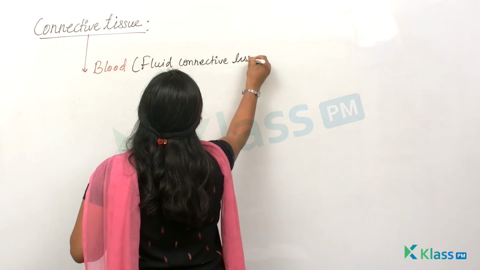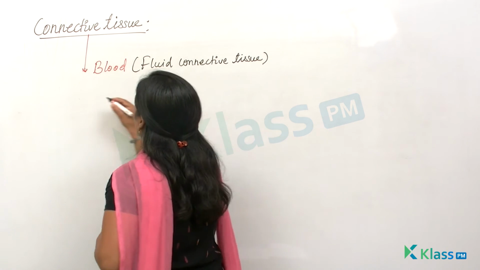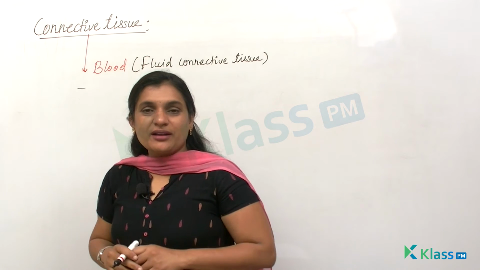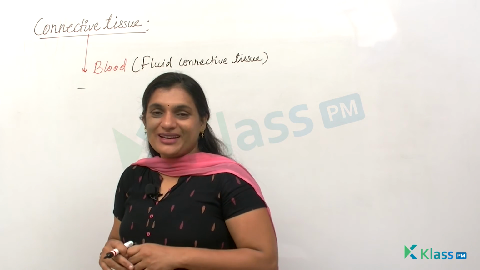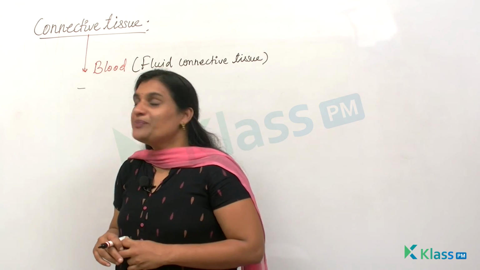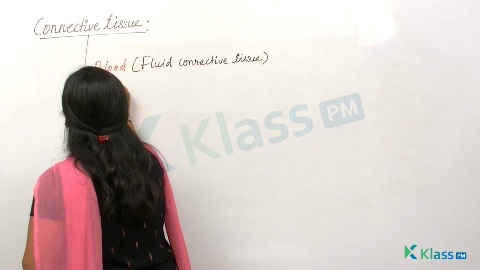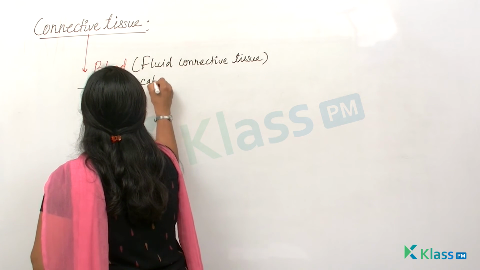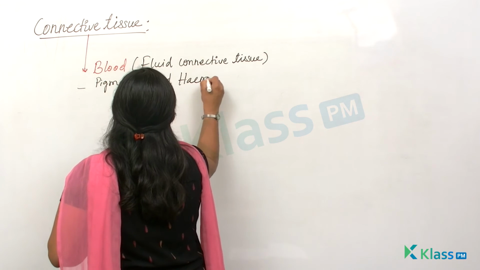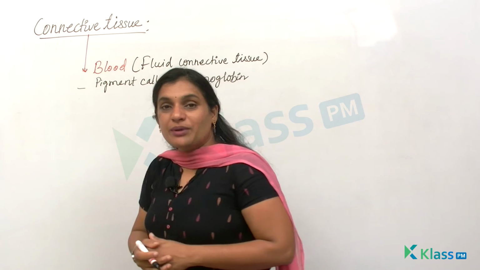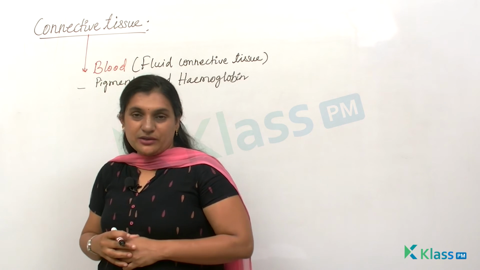And we all know that blood is red in color. And why is this blood red in color? Because we have added color to it? No, definitely not, right? So we don't add any colors. But this blood is red in color due to a pigment called hemoglobin. There is a red color pigment called hemoglobin which is present in the blood, which makes the blood appear red in color.